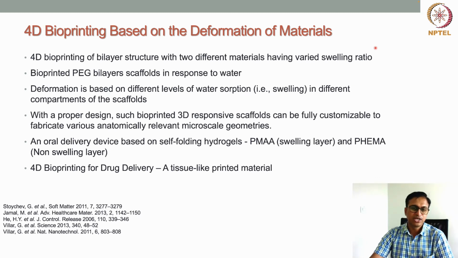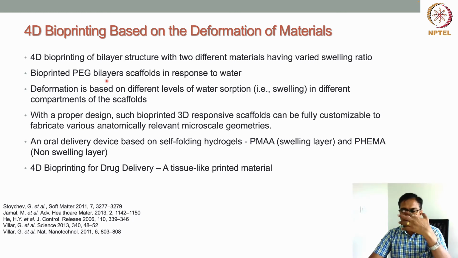So let us take one example. In one study, a bioprinted PEG bilayer scaffold was developed. It is made from the same material, but in one layer the concentration is higher, and the next layer is a low-concentration PEG.